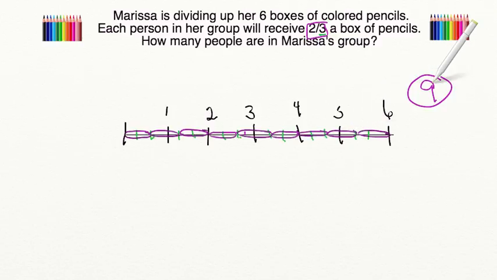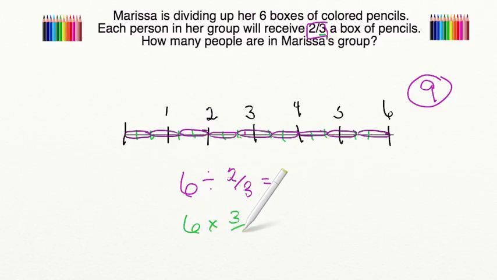Now let's go ahead and check our work using the formula. We had 6 boxes that we divided into groups of 2/3 each. So let's start by doing the inverse operation. 6 times 3/2. And I'm going to make this 6 wholes. There we go. 6 times 3 equals 18. 1 times 2 equals 2.